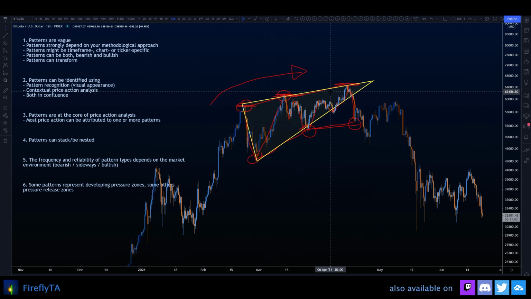So there's much more to that, but also there's the transformation aspect, and I will tell you how to read transformation processes and how they play into this contextual price action analysis approach.